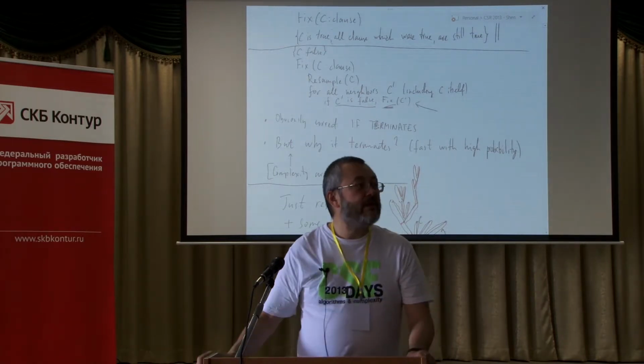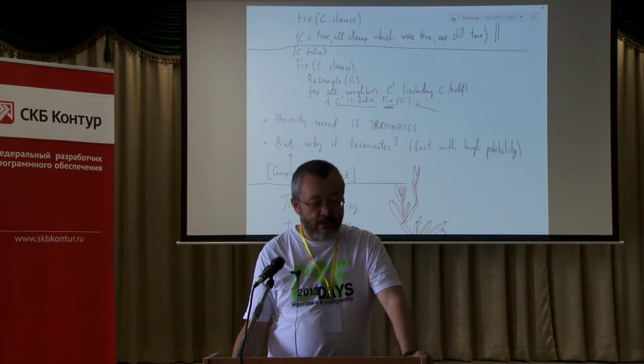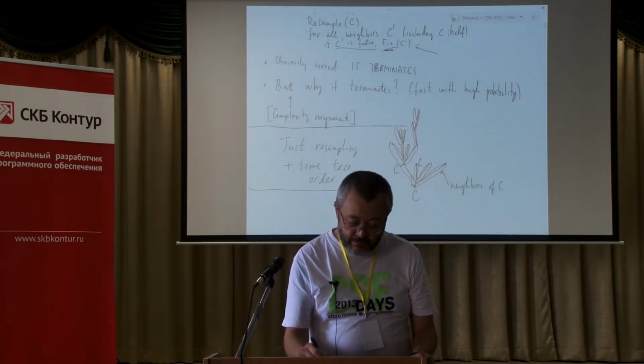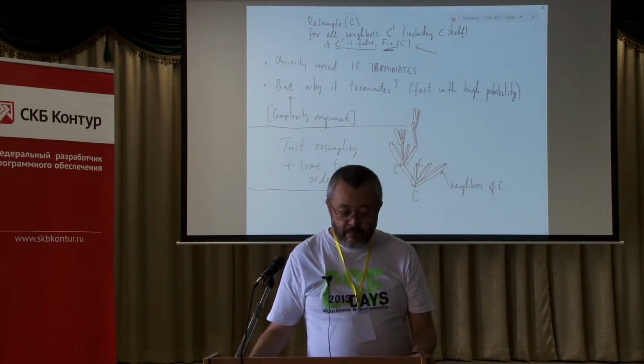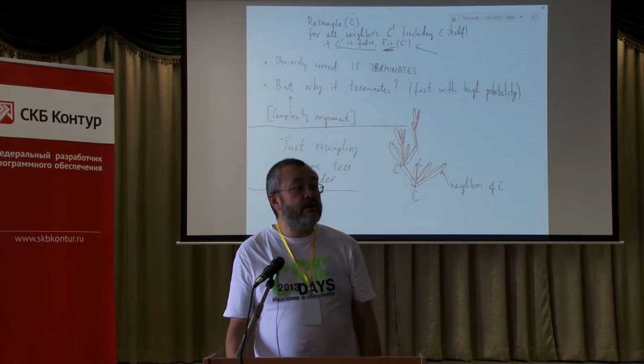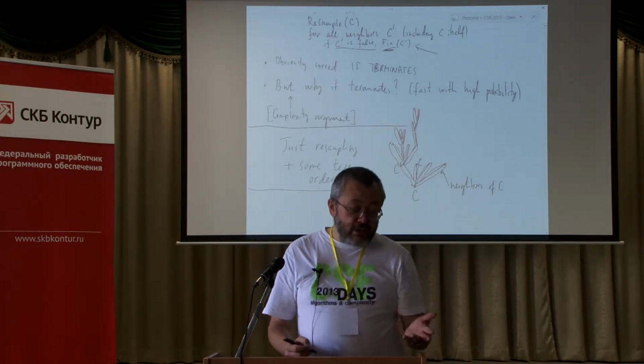Am I correct to understand that we can have a situation where we fix C, it calls its neighbor C prime, and in fact when we resample C prime, C is again false, and then C prime calls C back? Yeah, there are several possibilities.